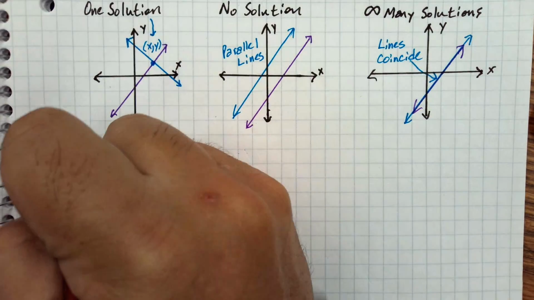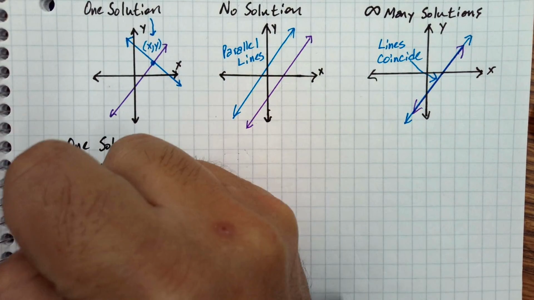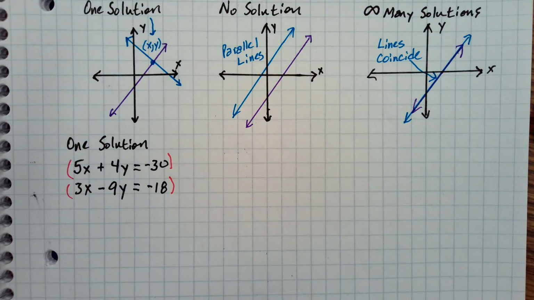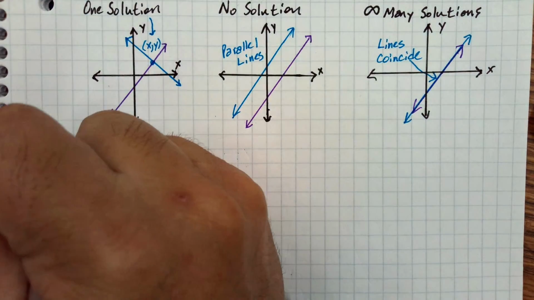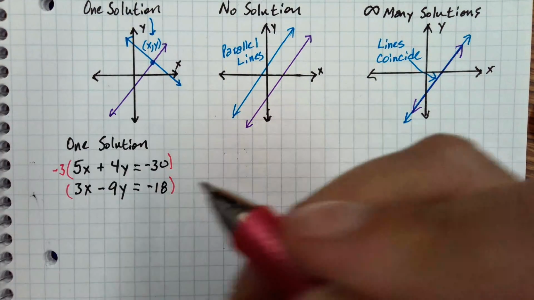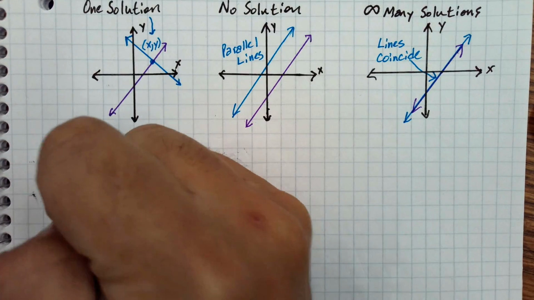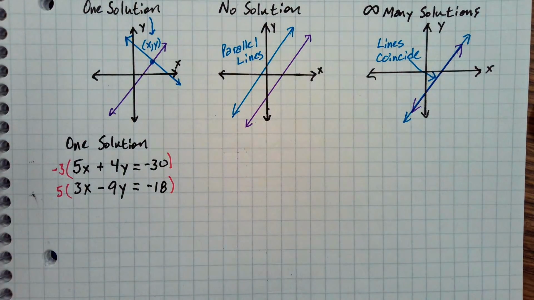So that means we have to multiply both of these by something. And one has to be negative because we need opposite signs. So let's make negative 3 here and positive 5 here. That way we'll get negative 15s. Okay, so let's see what that gives us.